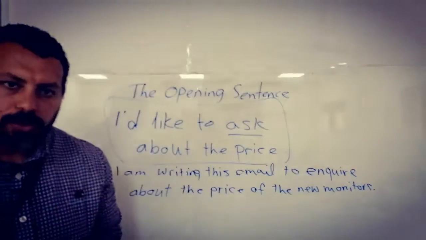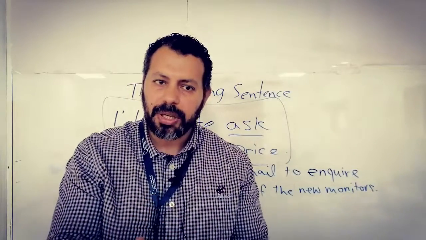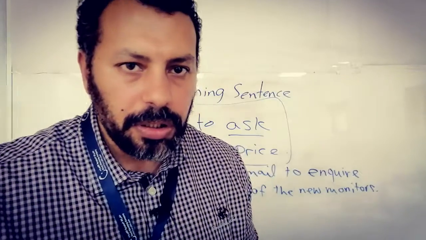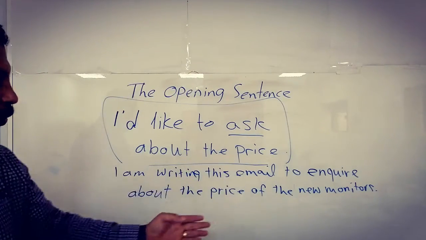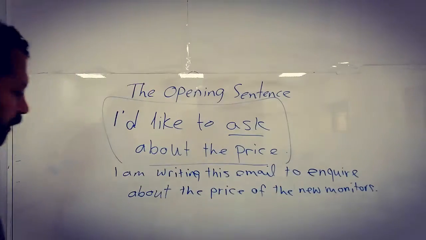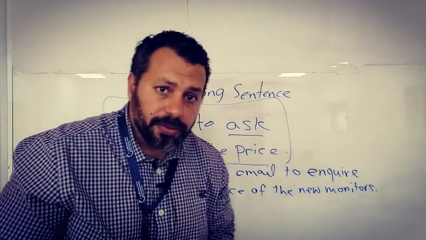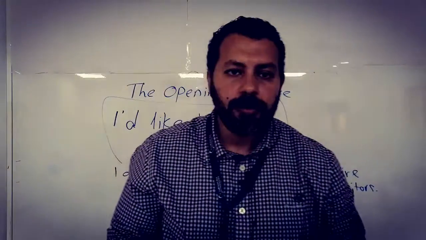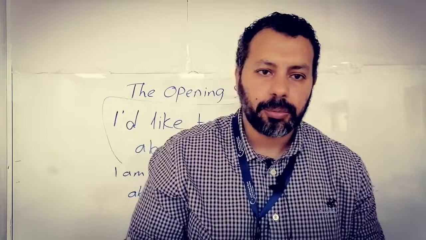If you want, for example, to send an email to ask about the price of anything, you can say, I am writing this email to inquire about the price of the new monitors. And this is an example of a formal opening sentence.